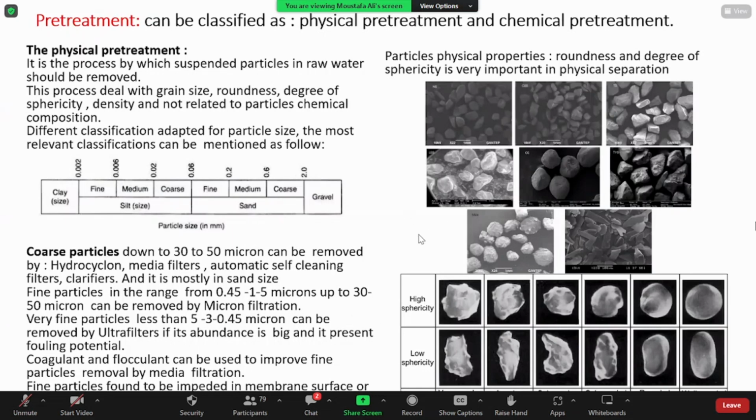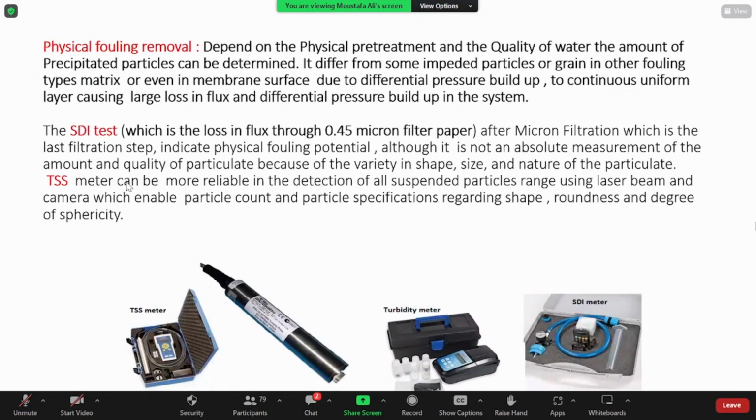So this is the use of ultrafiltration in the physical treatment for the removal of particles. We have, of course, turbidity measurements, or TSS measurements, or SDI. I prefer overall to have the TSS as a device for measuring all suspended particles, to cover the whole range between 5 nanometer up to 1 millimeter or whatever.